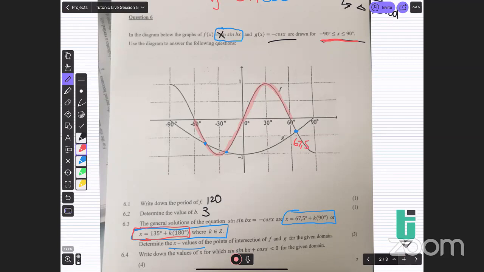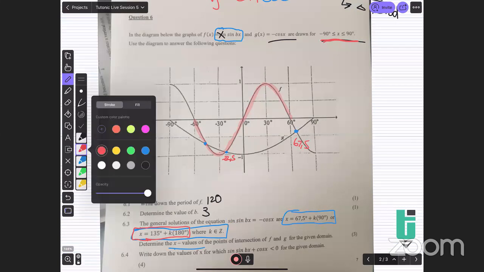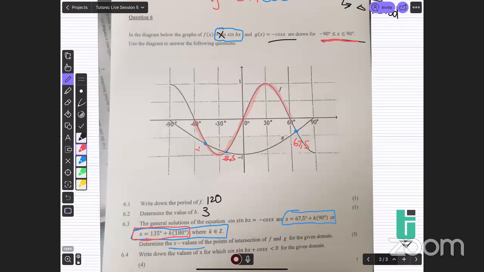Minus 22.5, for k times 90, that's here, right? Yes. And this one, if k is minus 1, minus 45. Okay. Do you guys see how we're working through this question here? Yeah.